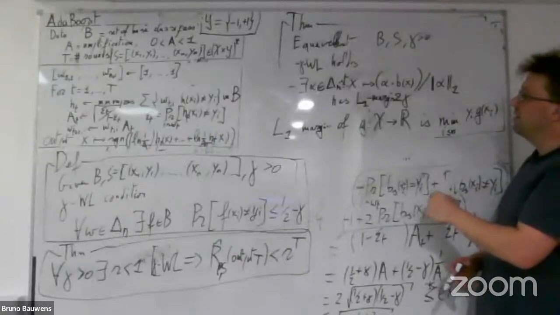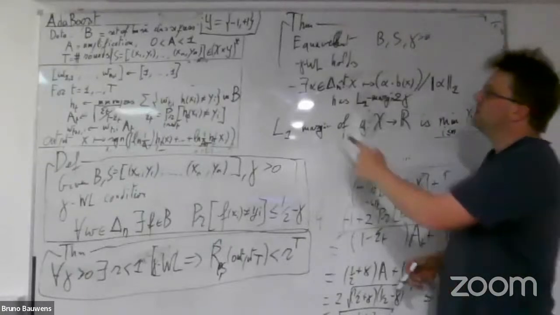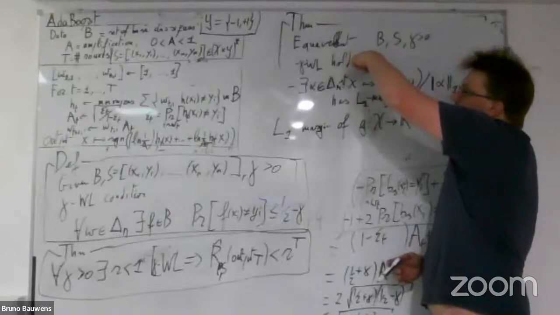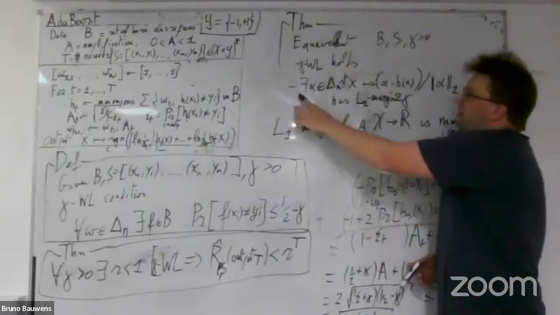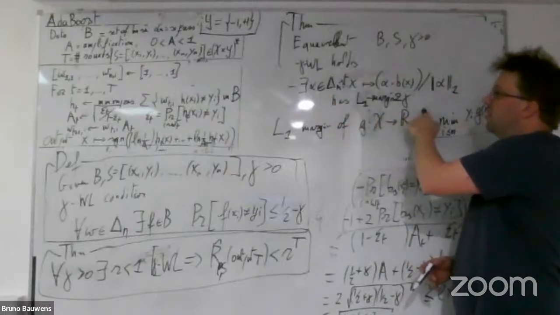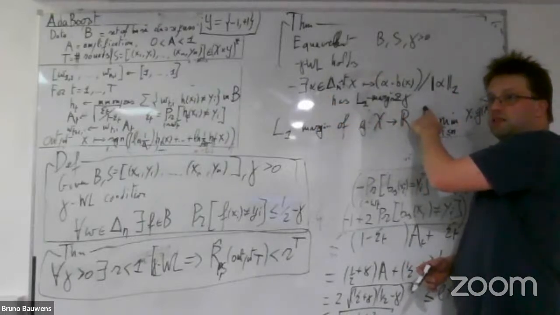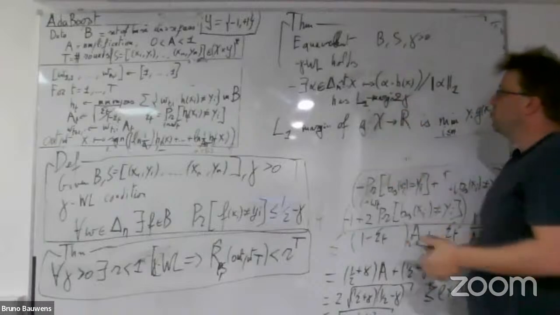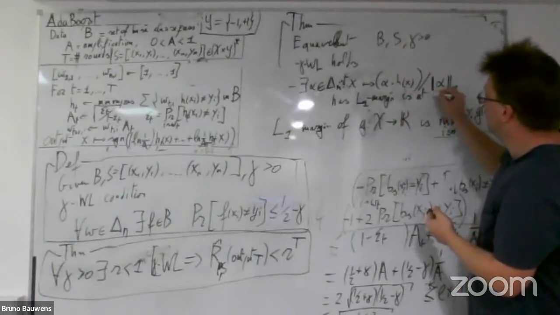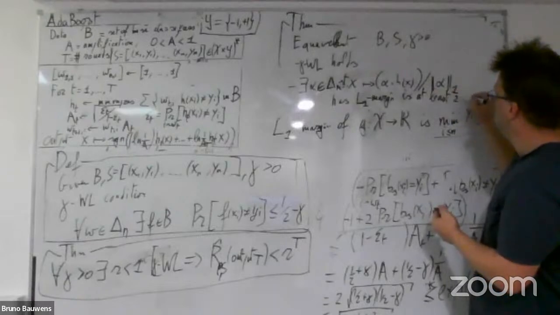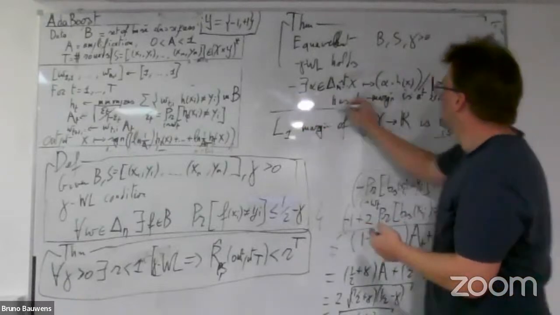And what we say is that the gamma weak learning hypothesis holds if and only if there exists an alpha such that the L1 margin is at least 2 gamma. So what does this say?